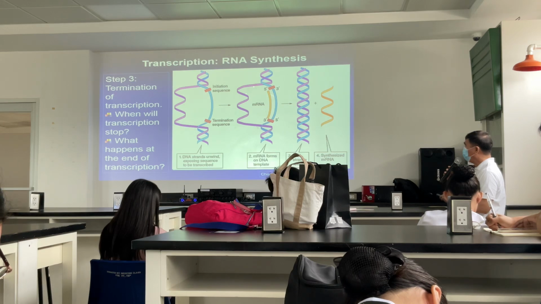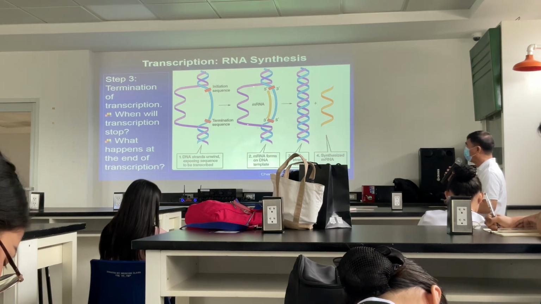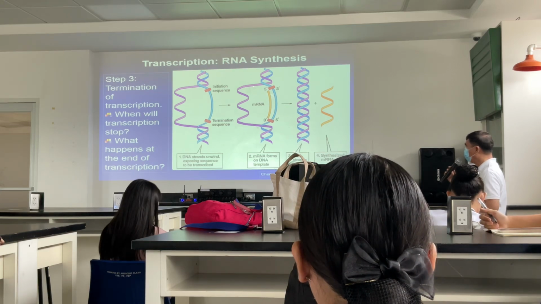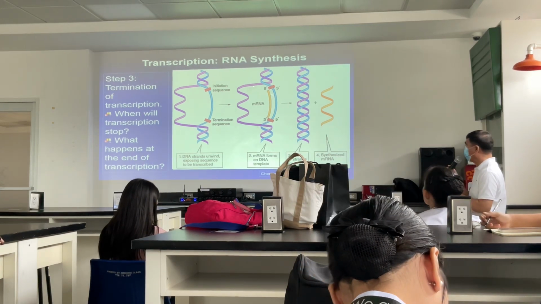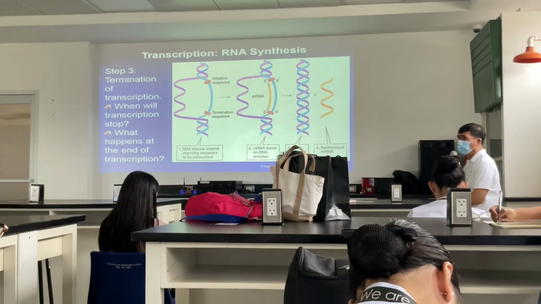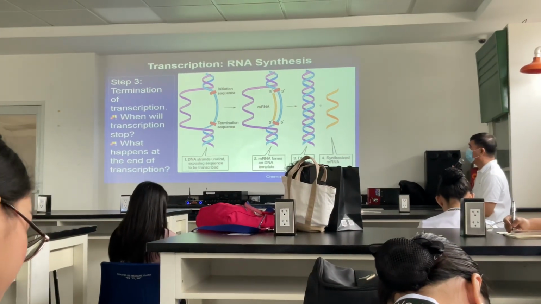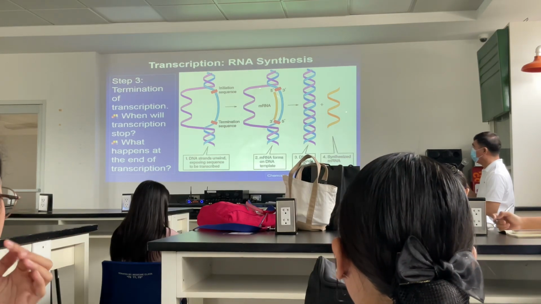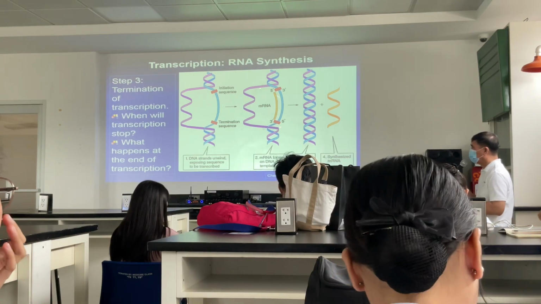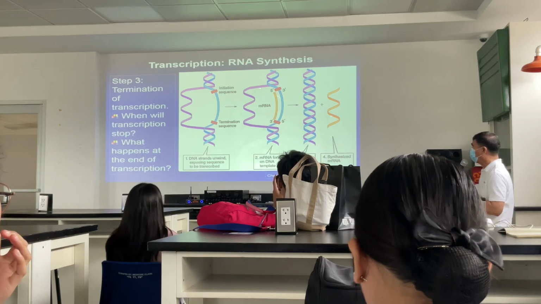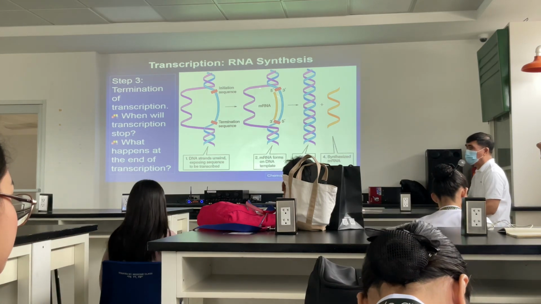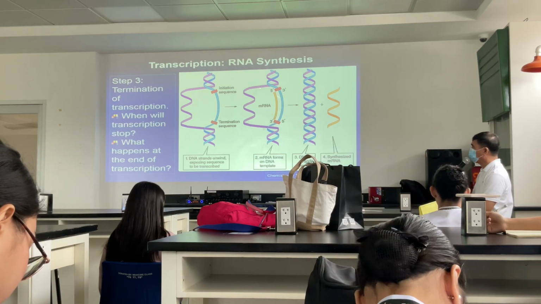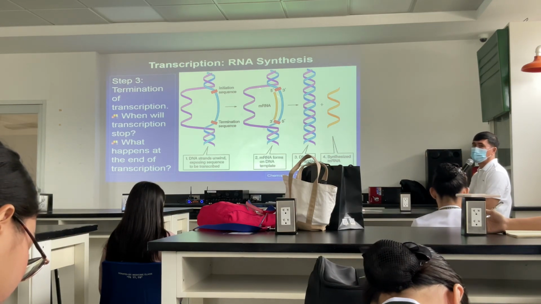So this template informational strand will rewind, and the DNA strands regain their structure, and the RNA synthesized becomes released. So that's what will happen at the end of transcription. Questions so far?